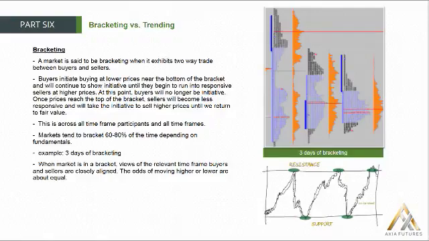Once prices reach the top of the bracket, sellers will become slightly less responsive. Why? Because prices are advertised at a premium, and they will then begin to initiate short side trades until we reach fair value. This continues to occur over a period of time, whether it may be minutes, hours, days, even sometimes weeks, and even years in certain markets.